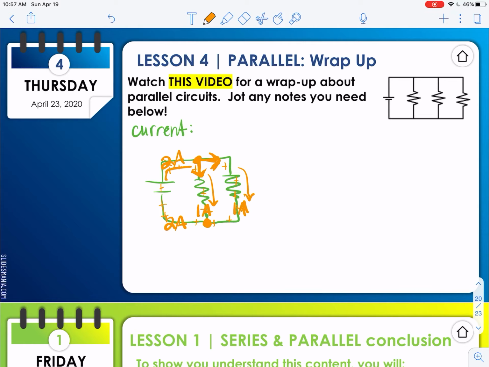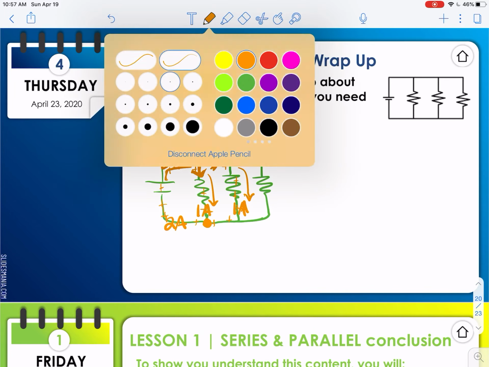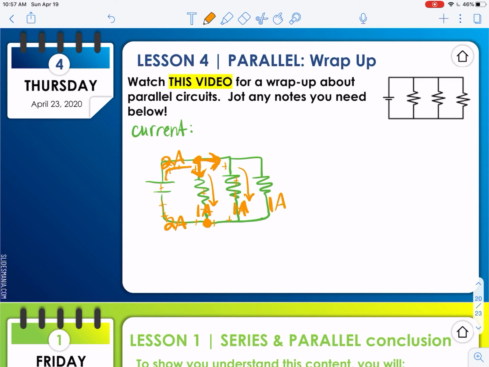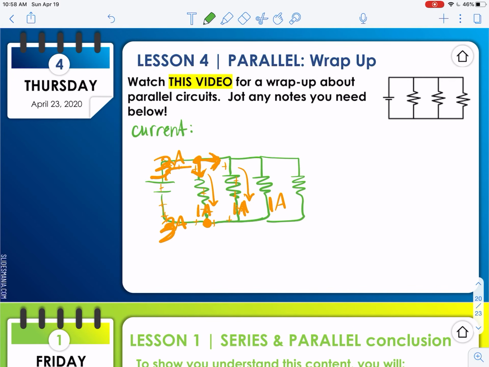Every time I add another branch in, like this branch, it also could support 1 amp of current. So that means the overall current is going to be able to be 3 amps. Each branch that's added is going to be able to support another amount of current, and that's going to keep making the overall current go up.